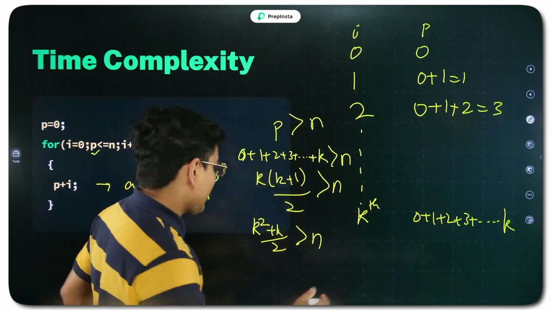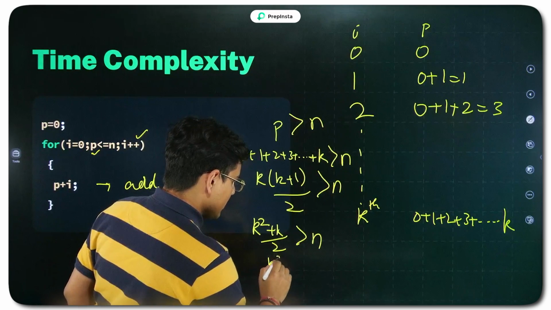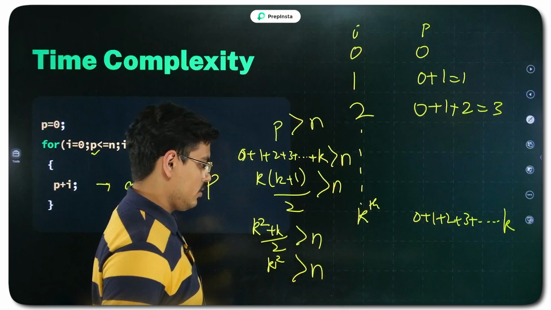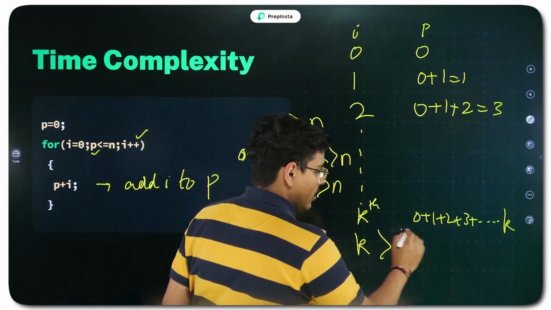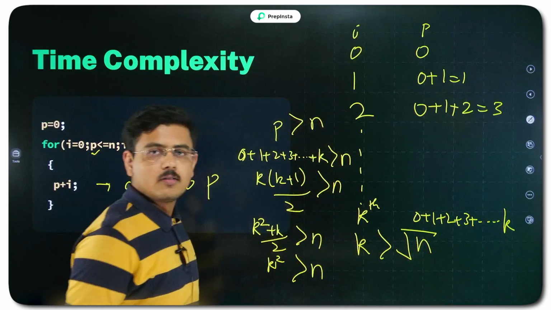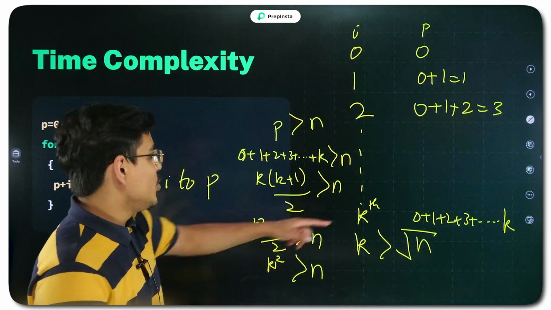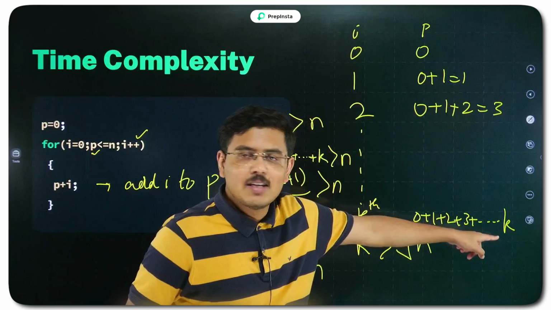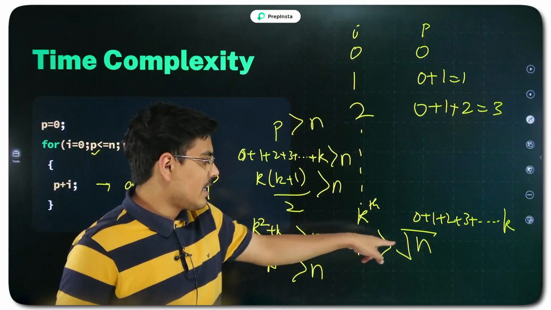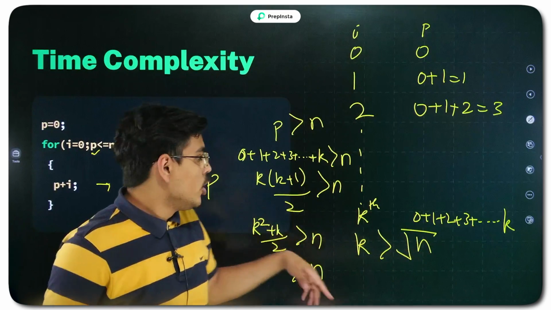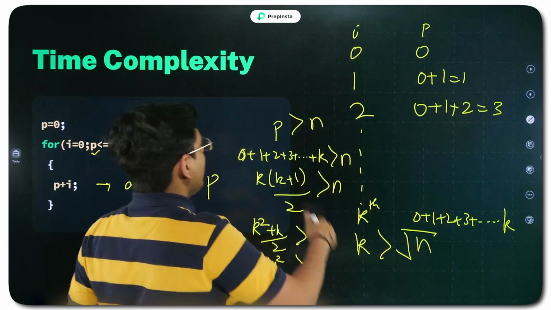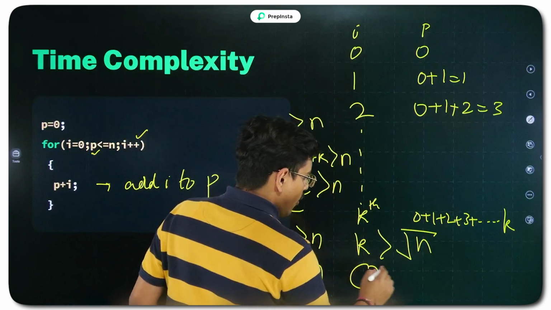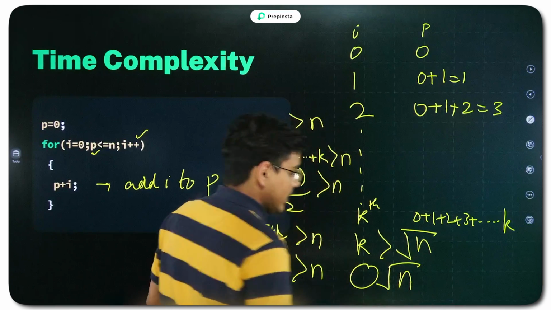Roughly for very big values we can say k square is greater than n. What does this mean? K is greater than square root of n. Hence you get the value of k steps. Basically k steps are greater than the square root of n. So this loop's time complexity becomes order of root n.